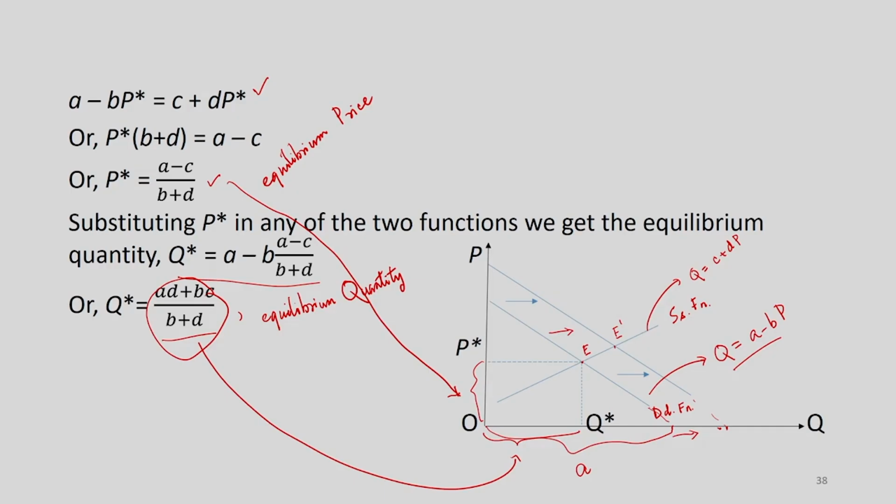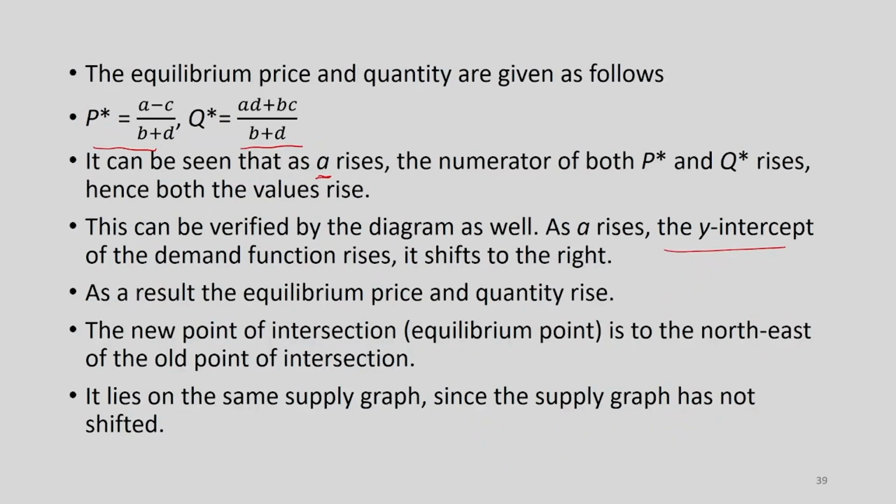Now, the y intercept also rises because the curve is shifting to the right, but the interpretation of small a is that in this particular case it is the intercept on the x axis, that is the quantity axis. So, it will be correct to say that this is the q intercept or intercept on the horizontal axis.